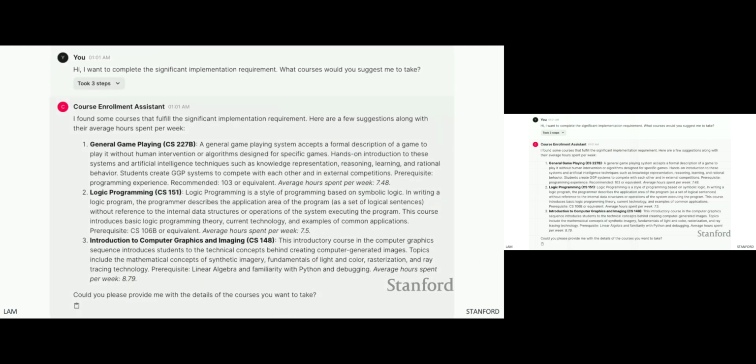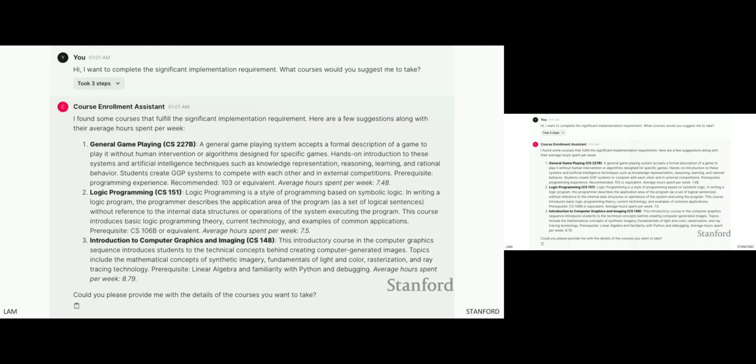So I think it is interesting to look at this example of the interaction. We are not talking about just theory. This is all things that work. This is a working system. You say, I want to complete the significant implementation requirement. So the assistant says, I found these courses. And they're all the right courses.